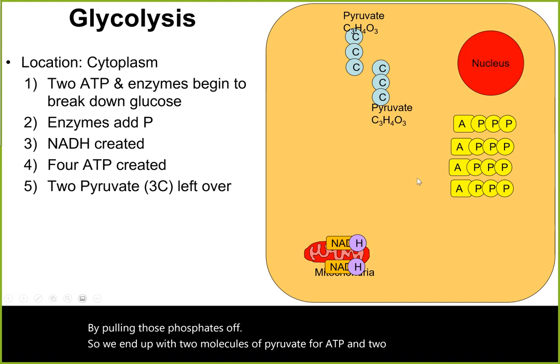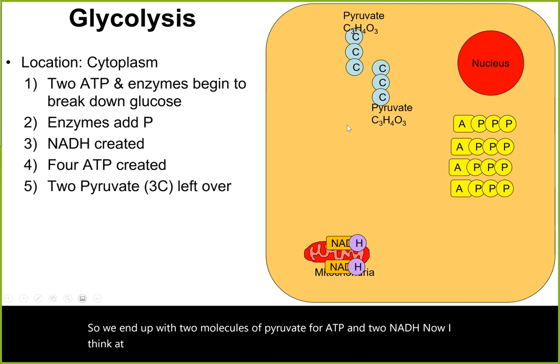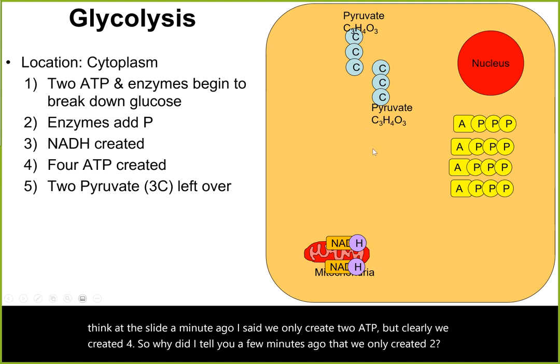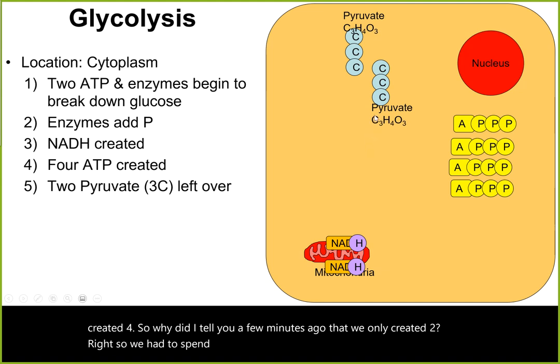Now, I think in the slide a minute ago, I said we only create 2 ATP, but clearly we created 4. So why did I tell you a few minutes ago that we only created 2? Doesn't it use 2, and so it's a net gain? Right. So we had to spend 2 to make 4. So our net gain is 2. Very good.